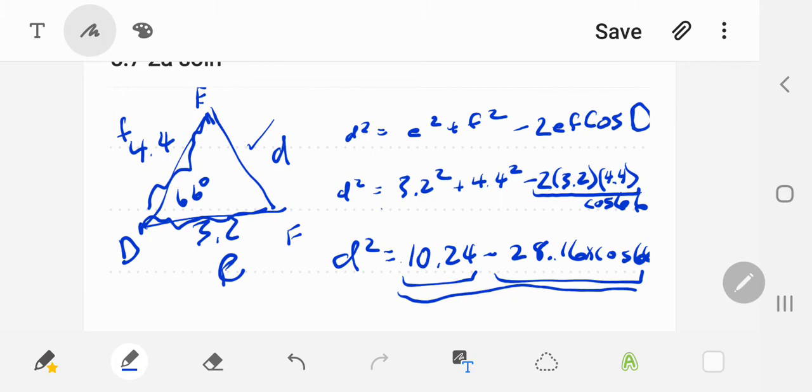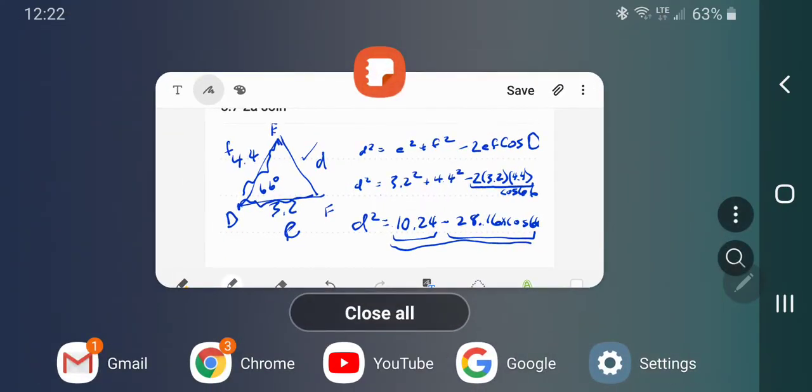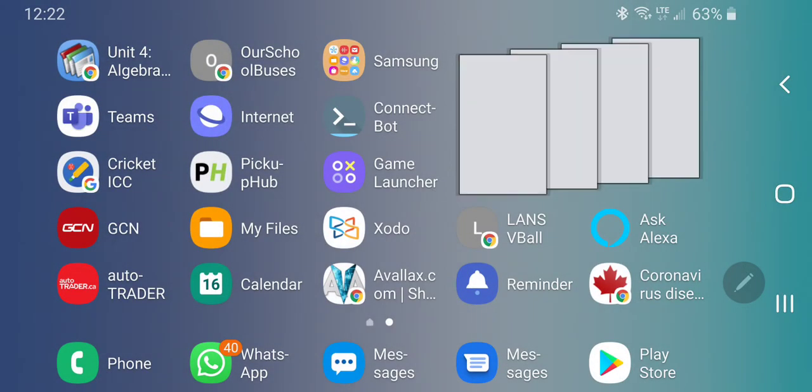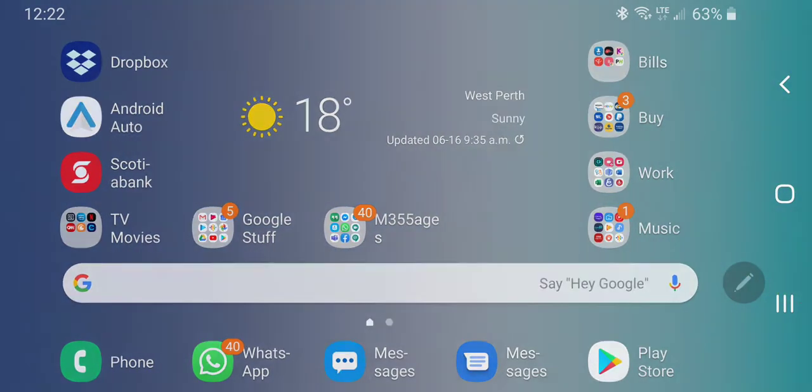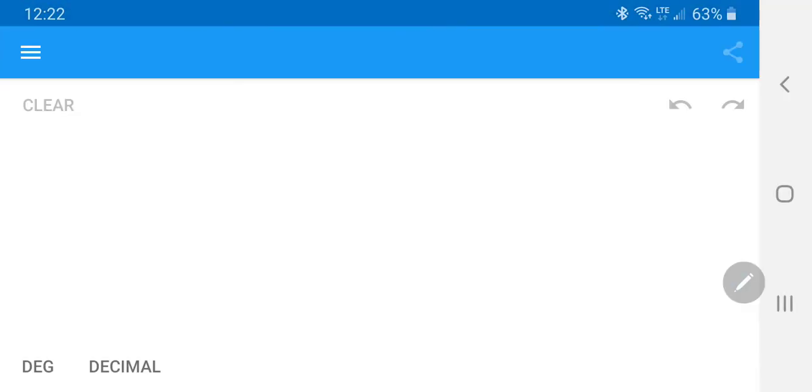So I'll show you how I do it on my phone right now. Usually, I have an app running here. Oh, the app's missing, so I have to load it up. All right, so here's our app. So here's what you do. You calculate 10.24. So let's just make sure that 10.24 plus 19.36 is equal to 29.6.